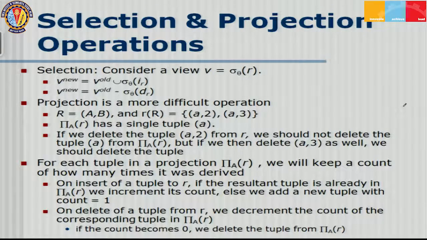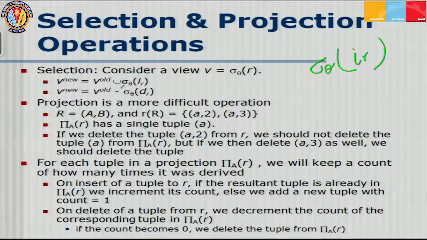So V new would be equal to V old union sigma theta IR, and V new in case of deletions would be V old minus sigma theta DR. So it is very simple that you are adding some tuples IR, and you apply the selection condition on IR, and whatever records qualify for this have to be appended to the old result that you have, that is V old. So it is very simple.